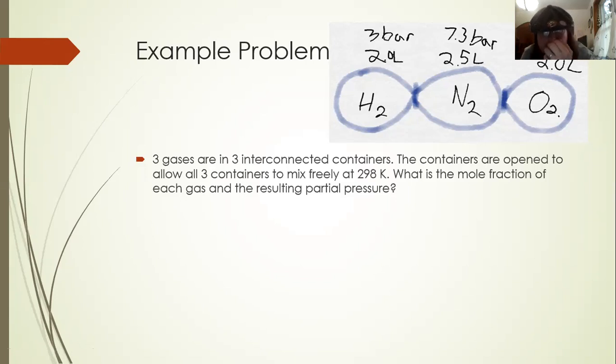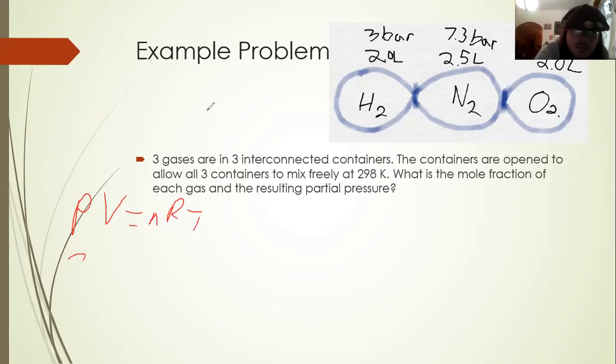So we don't need a temperature. Well, we're given a temperature, 298. So first thing I would probably do is use PV equals nRT to find the moles of each gas. That's going to make my life a little bit easier. So PV equals nRT.